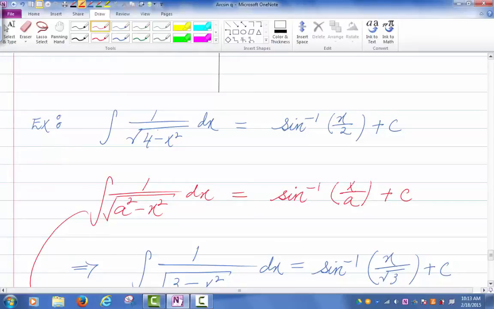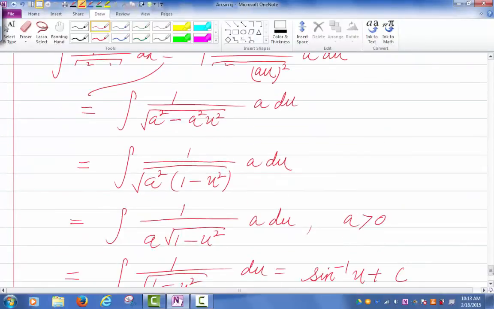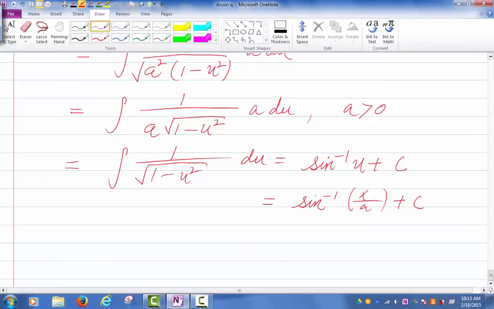Okay, so because of that, if 4 is there, then the square root of 4 would be 2. We are looking at the positive root of 4. That's 2. Okay. Any other questions?